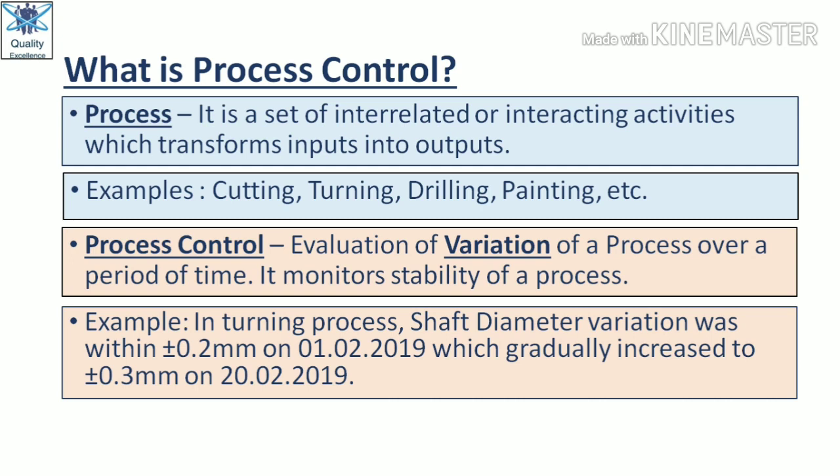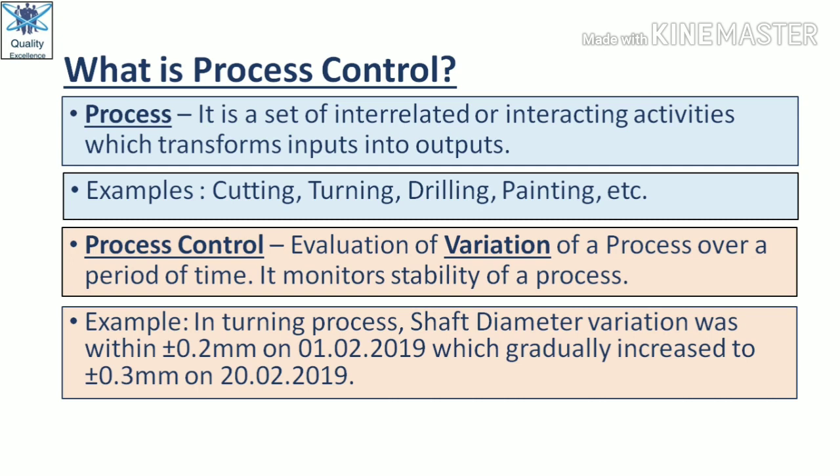And what are the examples? Some manufacturing processes: cutting, turning, drilling, painting, etc. And what is process control? It is evaluation of variation of a process over a period of time.